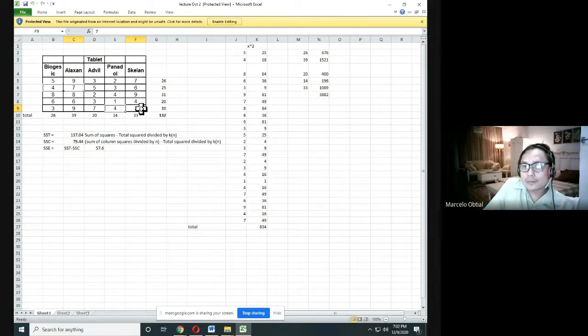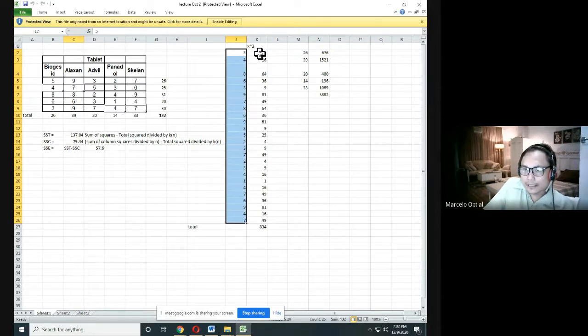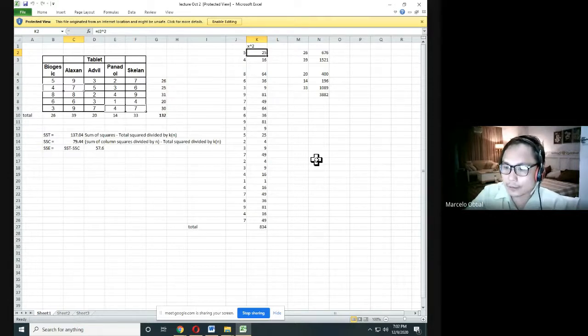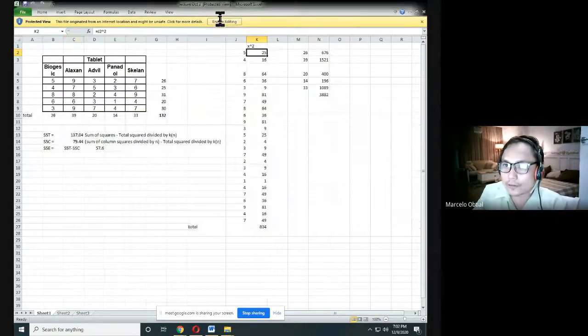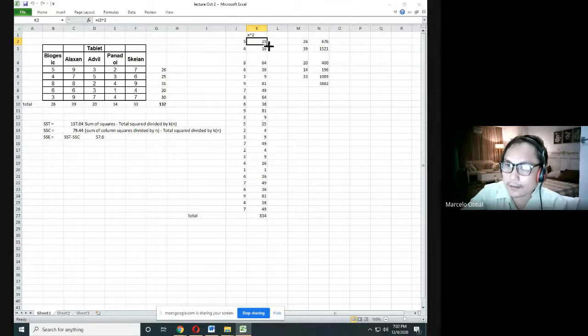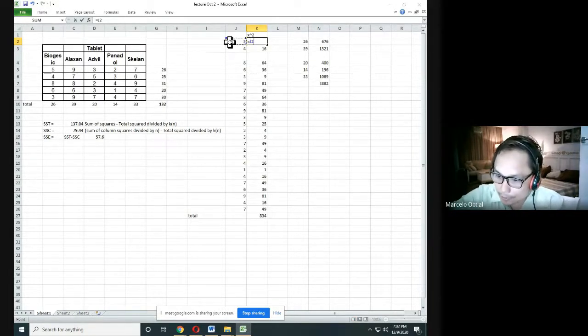Okay. Buti na lang meron tayong Excel, no? So, nilagay ko dito lahat ng data from 5 to 7. Kung bibilangin yun, there are 25 data dito. Okay? Bilangin dapat 25. Square natin kada isa. So, ulitin ko na lang, ang gagawin nyo sa Excel, okay? Example, this raised to the power of 2, no?